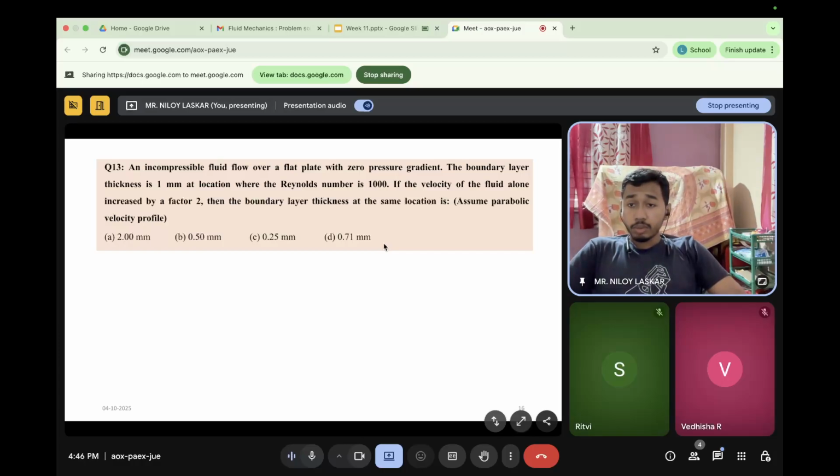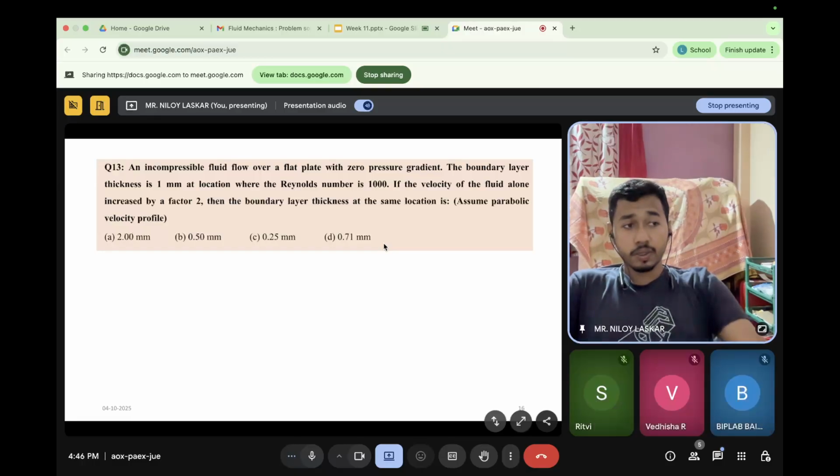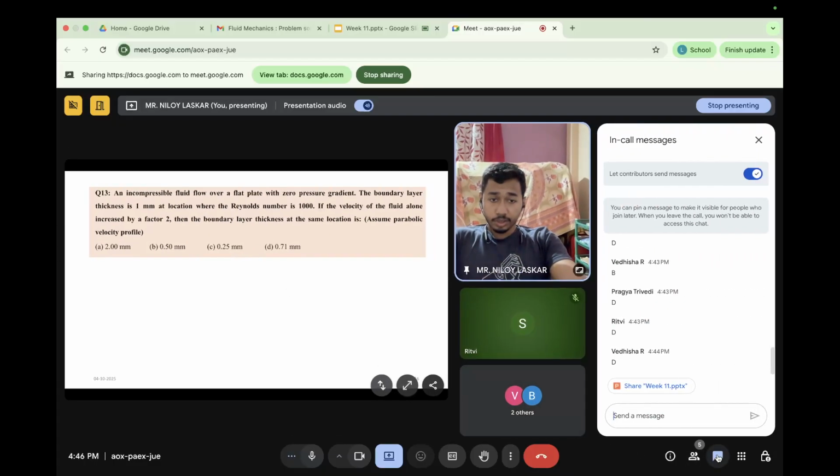If the velocity of the fluid decreases by a factor of 2, then the boundary layer thickness at the same location is what? So it's a tricky question. Just try. I'm giving you 1 more minute.